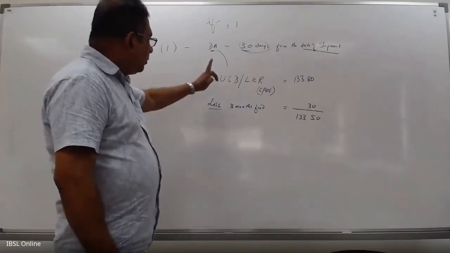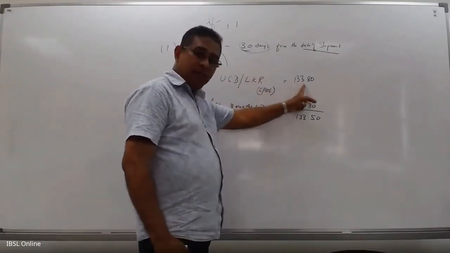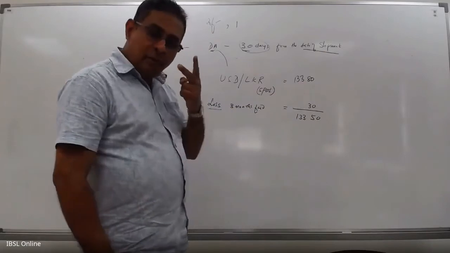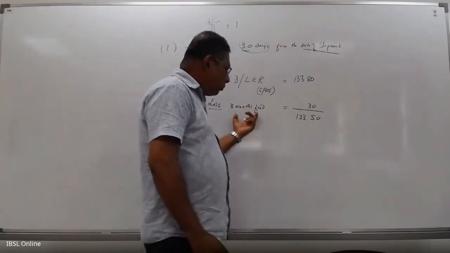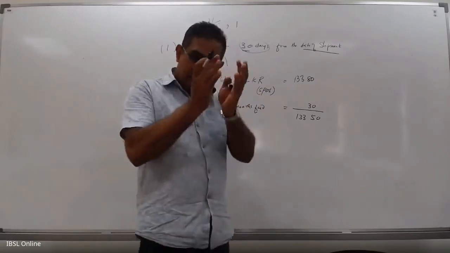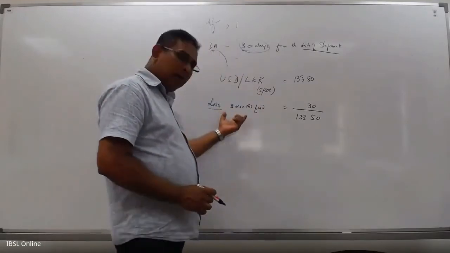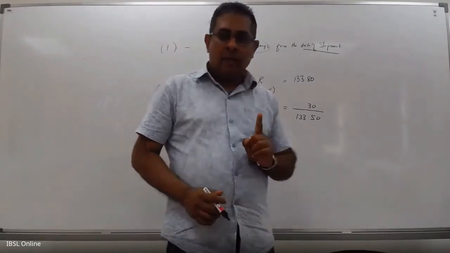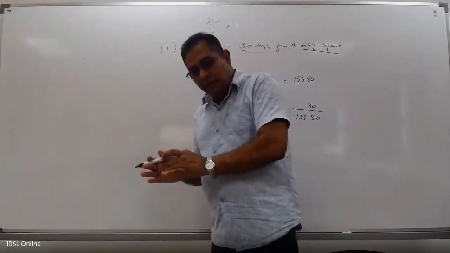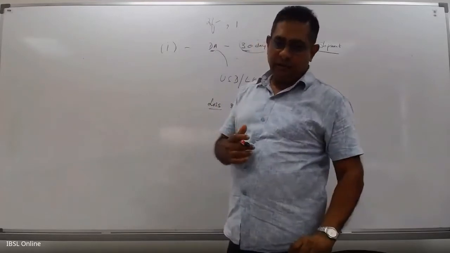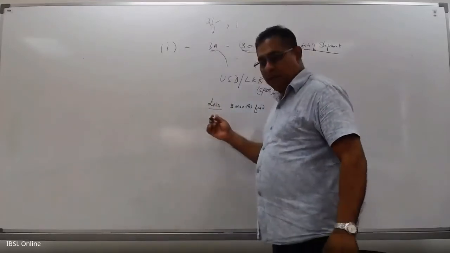So USD LKR spot 133.80. We have booked the forward exchange for 2 months fixed and for 1 month option. So 2 months fixed and 1 month option means 3 months. So if you take the 2 months, the bank has the liberty either to go for the 2 months period without taking the option, or taking the option and go for the 3rd month. That depends on the profitability.